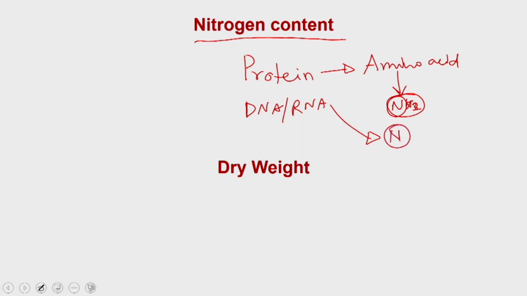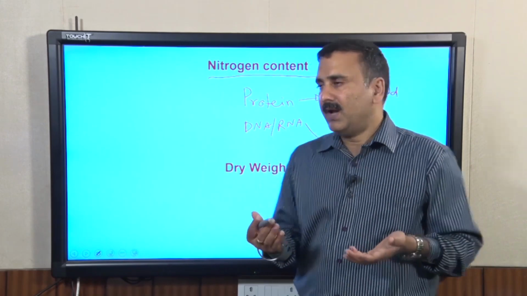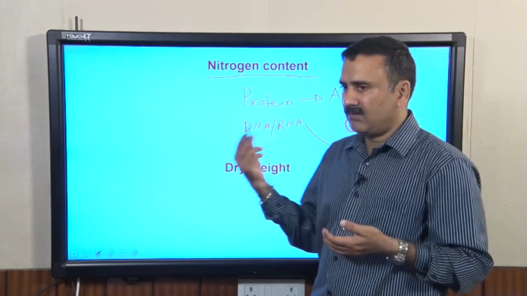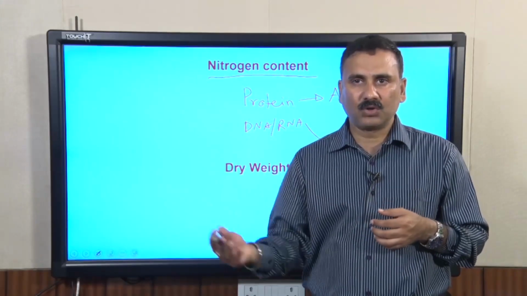So, this means nitrogen, and apart from this the DNA and RNA also contain nitrogen, because they have purine or pyrimidine bases, and these bases contain nitrogen. Some other biomolecules present also contain nitrogen.